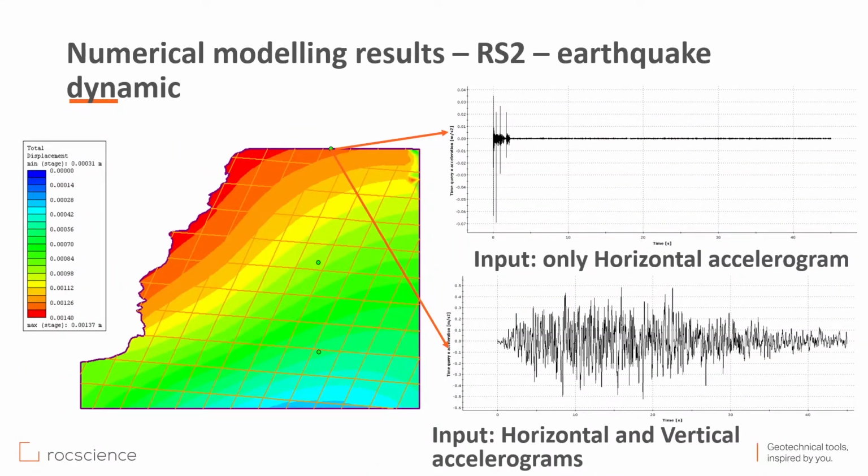Then, in the case of hybrid models, where we introduced discontinuities, when joint systems are used in the models, the behavior of the rock mass is different, as happened in the previous case where we were using continuous material. In the hybrid models, where joint systems are introduced, the models are not discrete models, so the separated blocks do not have an independent degree of movement, but the discontinuities behave as boundaries between the separated continuous areas.